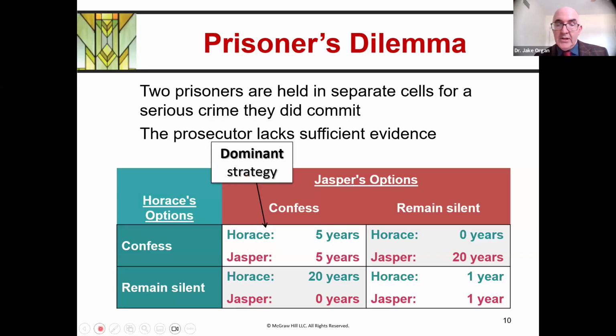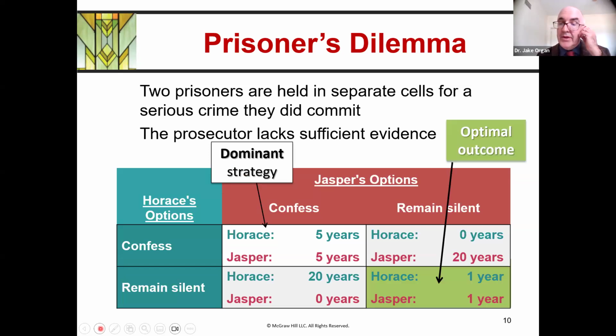Yeah. And so, again, both have played what is their best strategy, but it's ended up in a difficult situation for both. But the optimal outcome would be this 1 year. Now, you can only have that optimal outcome if for some reason, each one trusted the other.